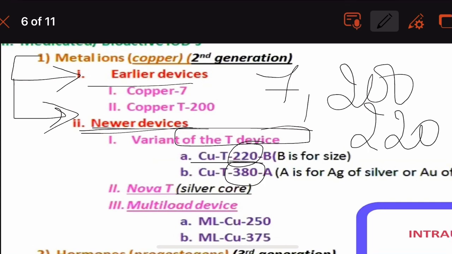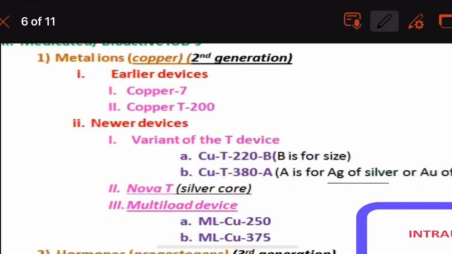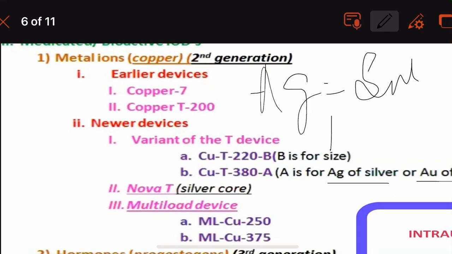Now what do these letters B and A stand for? There are symbols like B and A in copper T200, T220 and T380. B is for the size and A refers to Ag, the symbol for silver, and Au for gold. So these symbols indicate that.